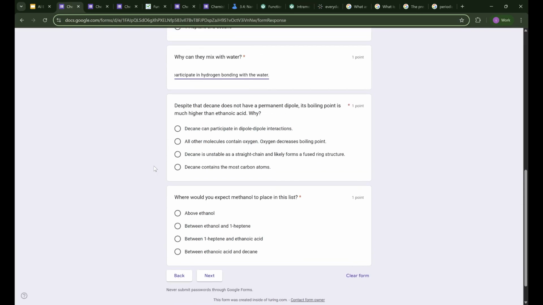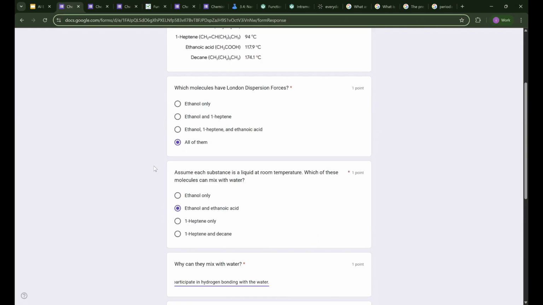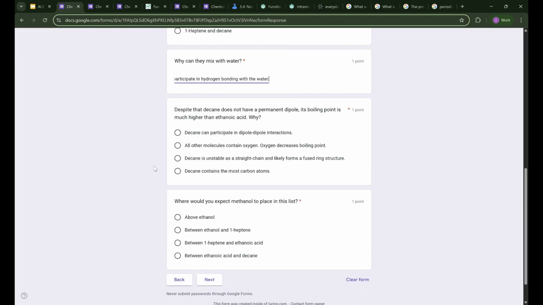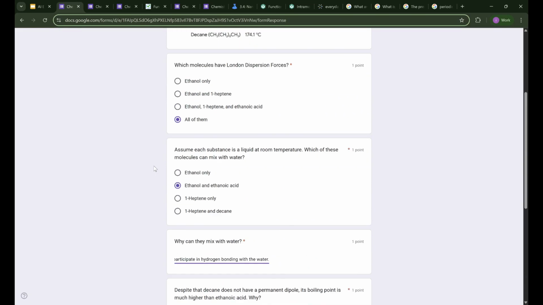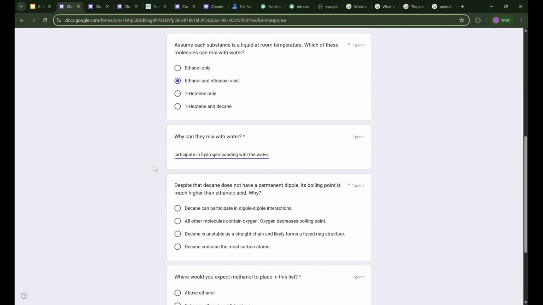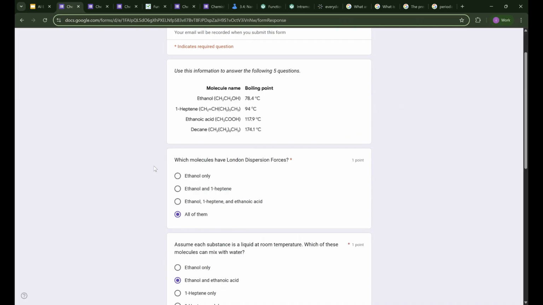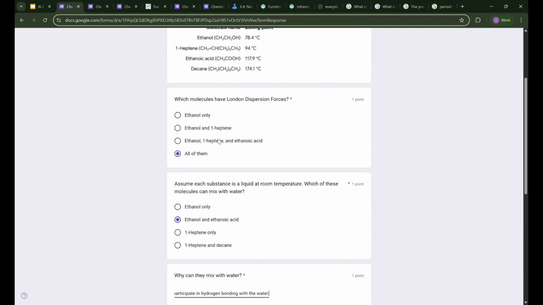Cyclodecane does not have a permanent dipole. Its boiling point is much higher than ethanoic acid. Why? Okay, yeah, I know why. Because it's much larger.